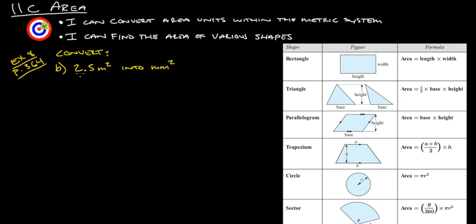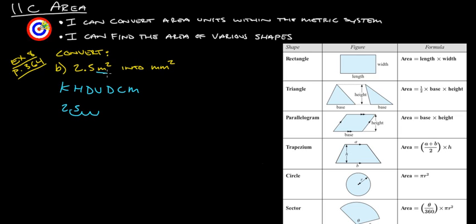The easiest way to do this, if you're going to convert from meters to millimeters, is to use the little mnemonic: King Henry died unexpectedly drinking chocolate milk. Here's our units, meters, and we're going to change to millimeters. So we go over 1, 2, 3 spots. You take the 2.5 and move it over 3 spots.